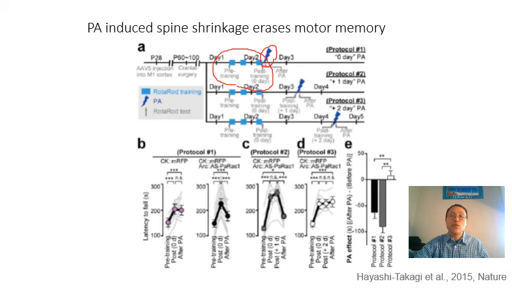Okay, and then they do this at different time points. Some of them they do between day 2 and day 3. In this case, they did it between day 3 and day 4, and here they did it between day 4 and day 5.